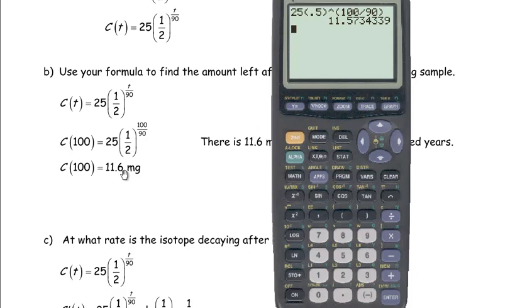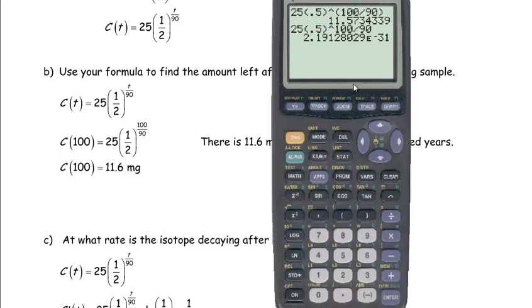Now, when you're evaluating this on your calculator, make sure that you're careful with the brackets. A common mistake some people would make is to forget to put brackets around that 100 over 90. See, now that says that's a really small number, 0 and 30 zeros, and then 219, etc. I've actually evaluated 25 times 0.5 to the power of 100, and then divided the whole thing by 90.